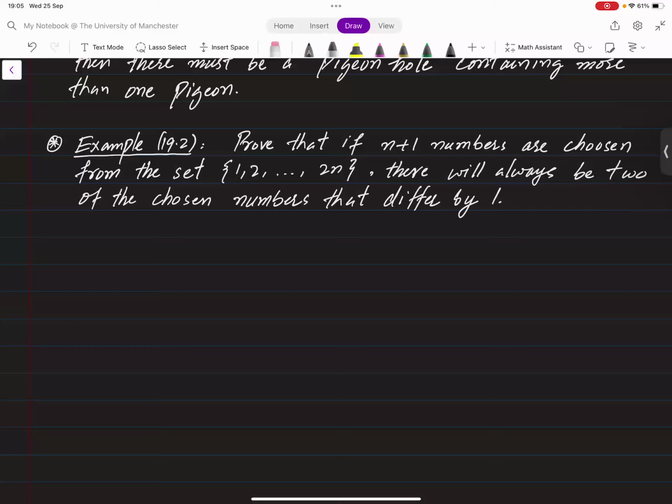Okay. So prove that if n plus 1 numbers are chosen from the set, there will always be 2 of the chosen numbers that differ by 1.